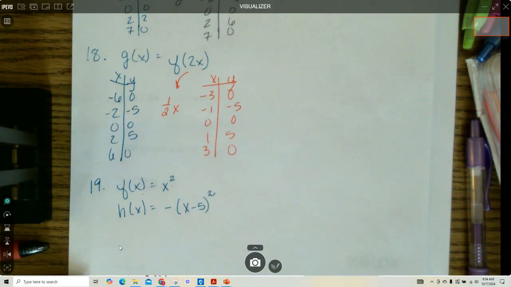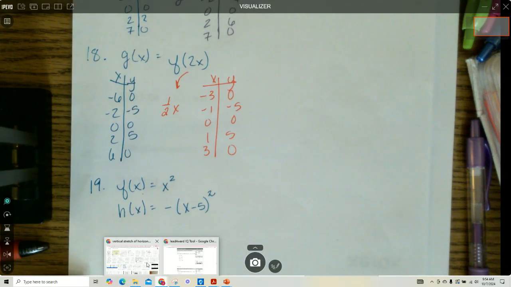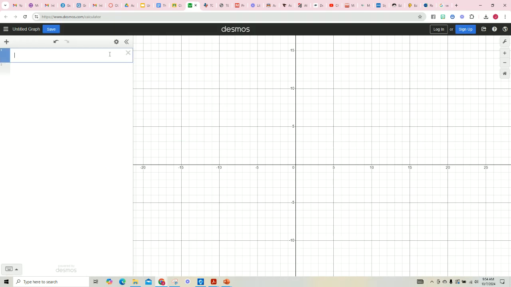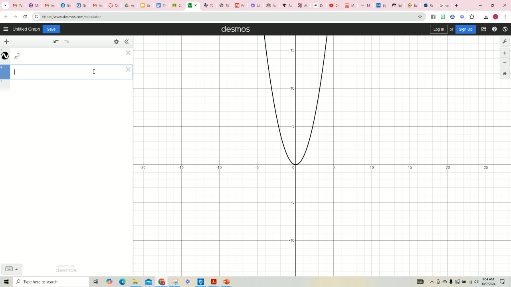So if we go back to Desmos, x squared looks like that. Then negative x minus 5 squared. The negative out in front means it's reflecting across the x.